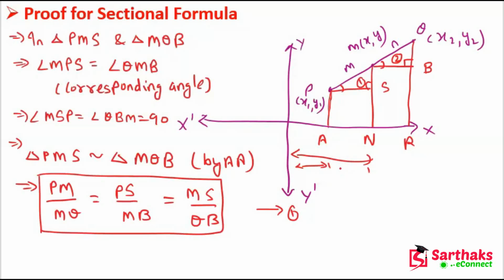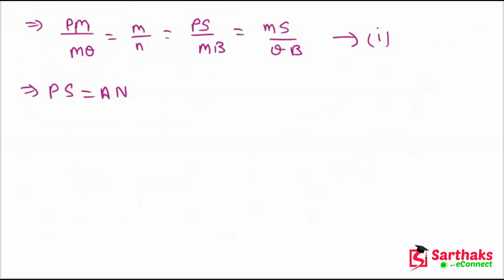So we can write it as x minus x1. So AN is ON minus OA, which is equal to x minus x1.